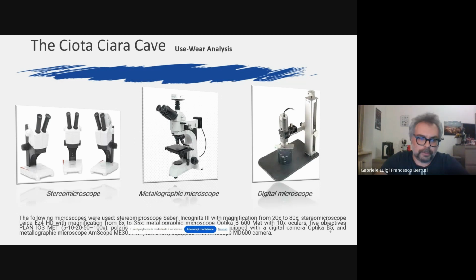The digital microscope and the stereo microscope were used to see a particular type of traces that in use-wear analysis are called macro traces.